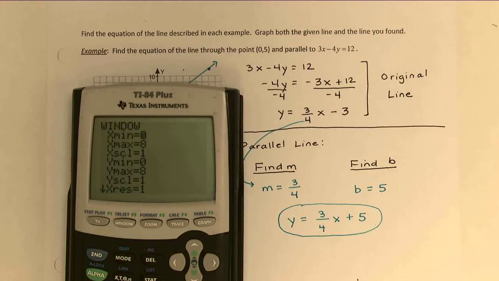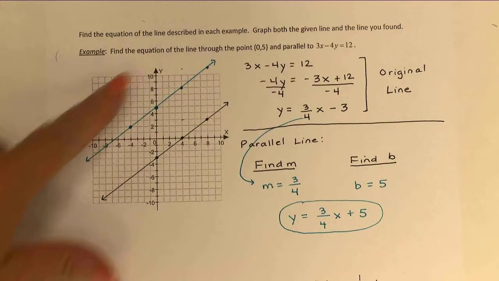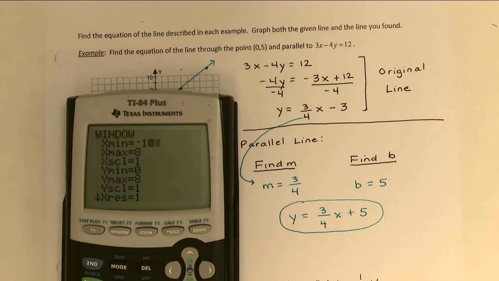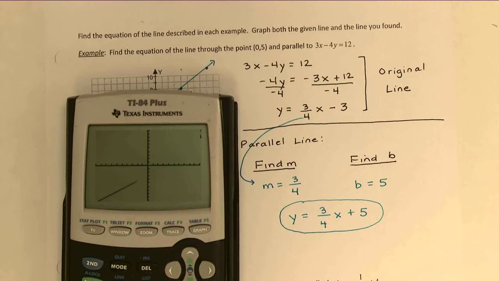The graph that we had here went from -10 to 10 on both axes, so those might be convenient values, with a scale of 1 tick mark every unit, and the same with y. And then I'll hit the graph button over here, and I can see my parallel lines.